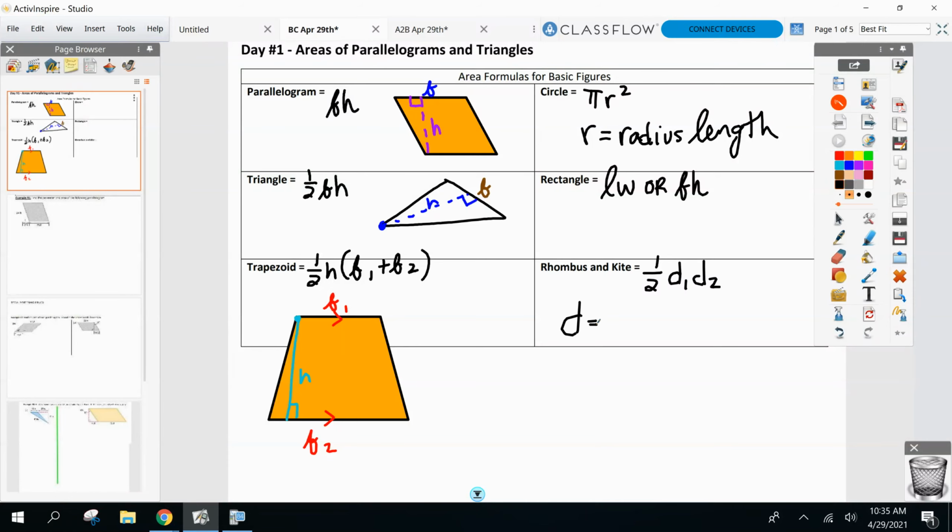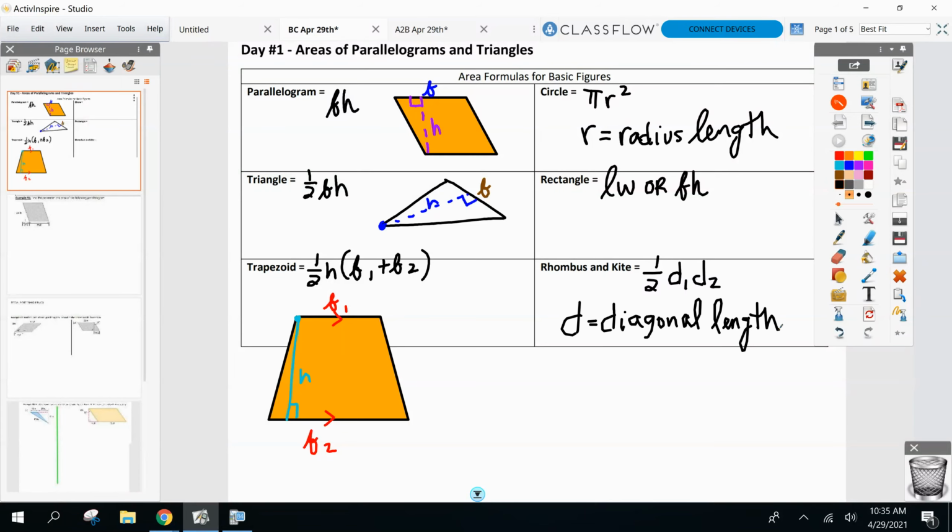It could be, but it's all multiplication, so it doesn't matter what order you do them in. Diagonal length. There you go. Remember, there's 2 diagonals in a rhombus, 2 diagonals in a kite. However long they are, I multiply and then divide by 2.